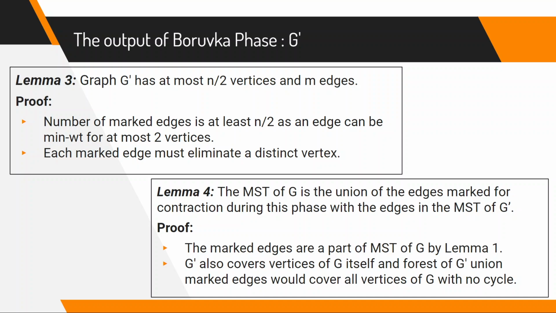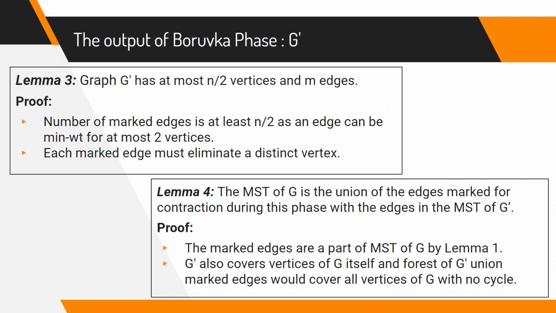Lemma 3 states that graph G dash has at most n by 2 vertices and m edges. The number of marked edges is at least n by 2. Why? As an edge can be the minimum weight edge for at most 2 vertices, and each marked edge must eliminate a distinct vertex, because we are only taking into consideration those edges that have not been visited and are from different connected components.